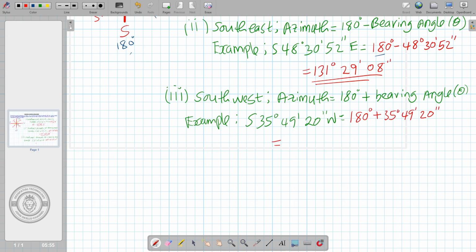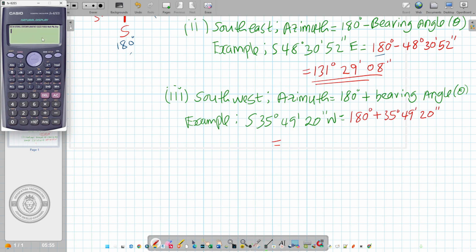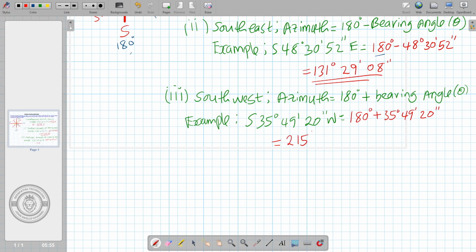If we pull the calculator again, 180 degrees plus 35 degrees, 49 minutes, 20 seconds, we get 215 degrees, 49 minutes, 20 seconds.